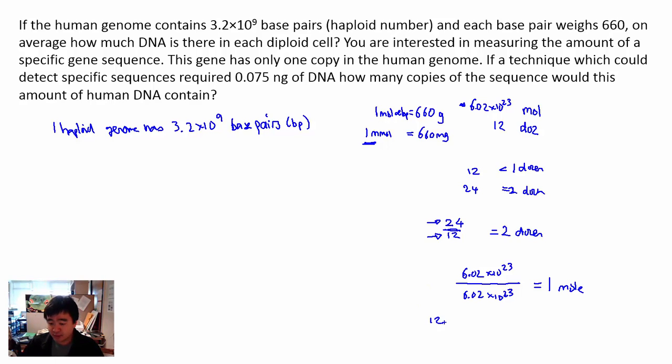If I have 12.04 times 10 to the 23 of something, to tell me how many moles there are, you divide by Avogadro's number, and this equals 2 moles. So we know now that Avogadro's number can be used as a counter.